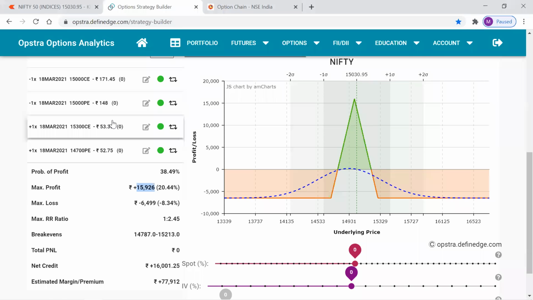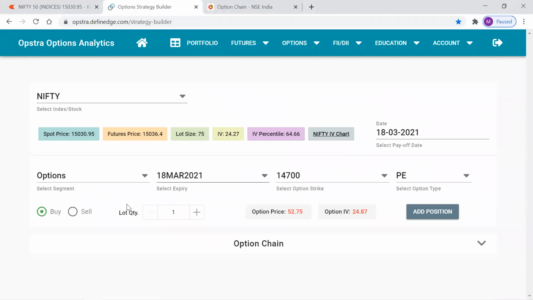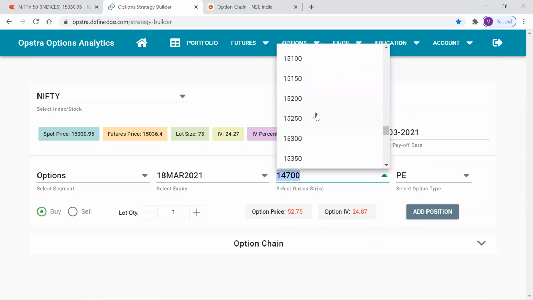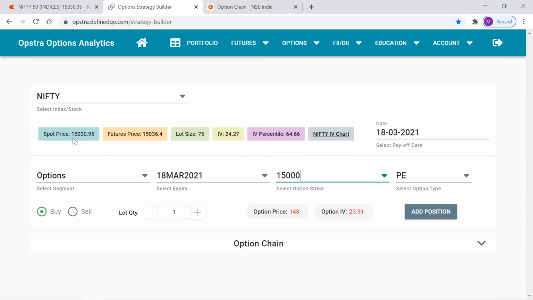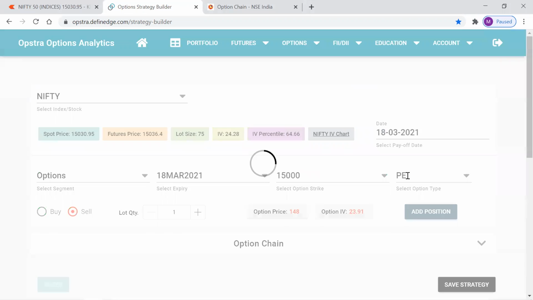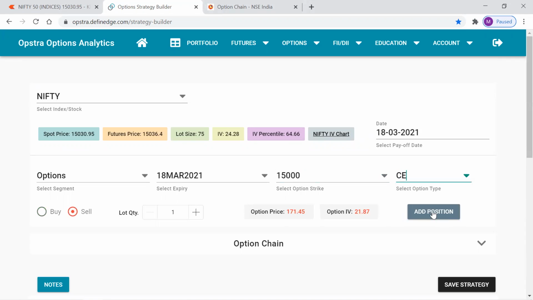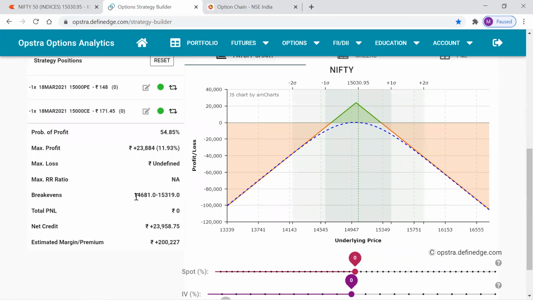That's it. I'll show you again. Let me reset. So 15,000 is at the money because the spot price is 15,030. I'll implement the straddle first, so for that I'll be selling the at the money put option and at the money call option. Done. Look at my break evens, 14,700 and 15,300.